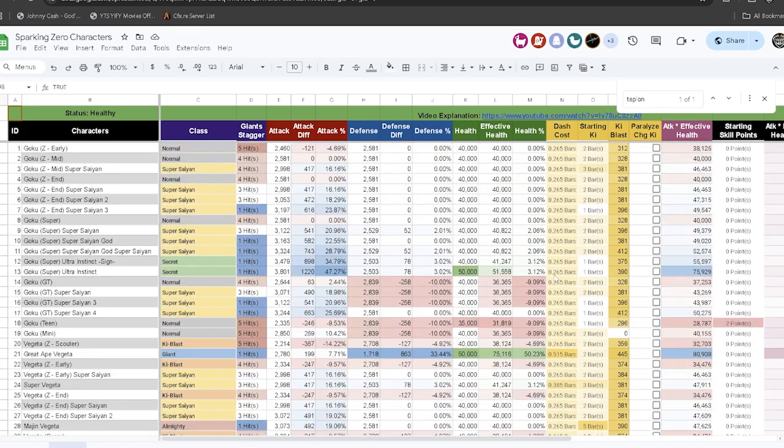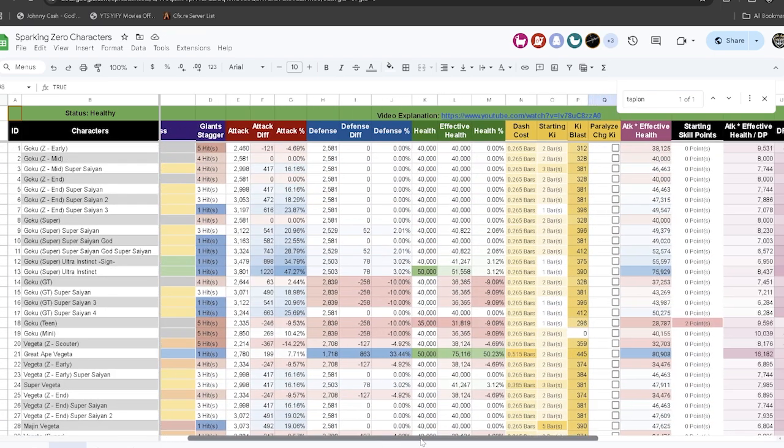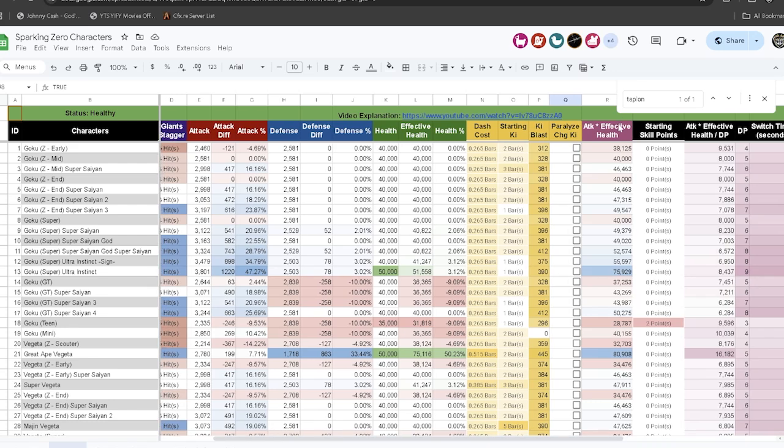Now, the next stat is really useful. It's called attack multiplied by effective health. Essentially what we did is we took the effective health of a character, so let's just take UI Goku, and we multiply it by their attack stat to get this stat. Now this stat is basically how effective this character is overall.